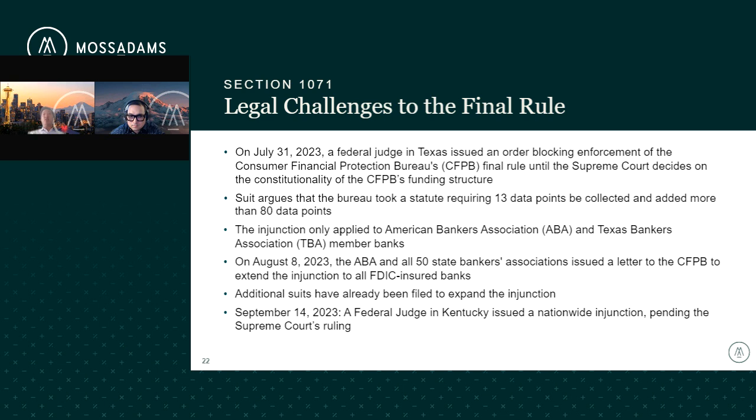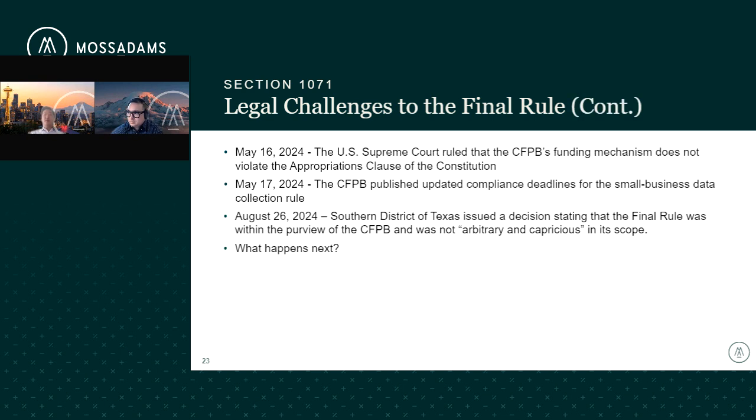A couple of legal challenges to the final rule. This has gone through many years of decision-making, discussion, and reevaluation. We've listed out some of these bullet points of what it's gone through. But what is most important is to know that as of right now, everything is basically set unless anything else comes out.